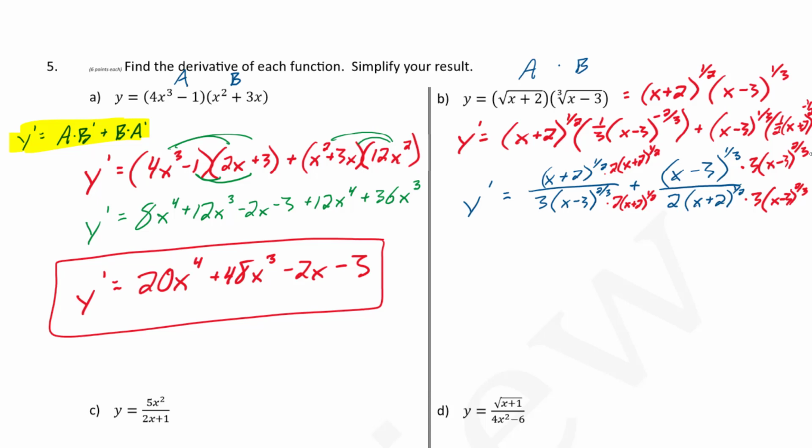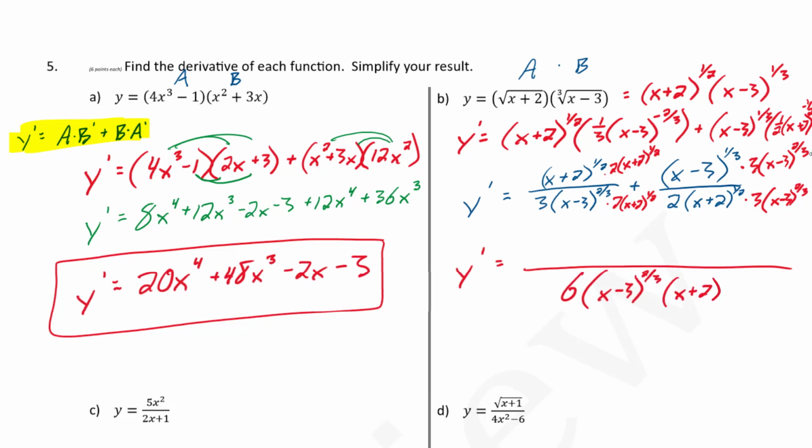And now listing out everything that would be in the numerator, I can make this one single denominator. 3 times 2 actually gives me the 6. x minus 3 to the 2/3, x plus 2 to the 1/2, and then technically here, when I take the x plus 2 to the 1/2 and multiply by the other x plus 2 to the 1/2, that's now an x plus 2 to the 1 whole, so I could just distribute 2 through, and that will give me a 2x plus 4.